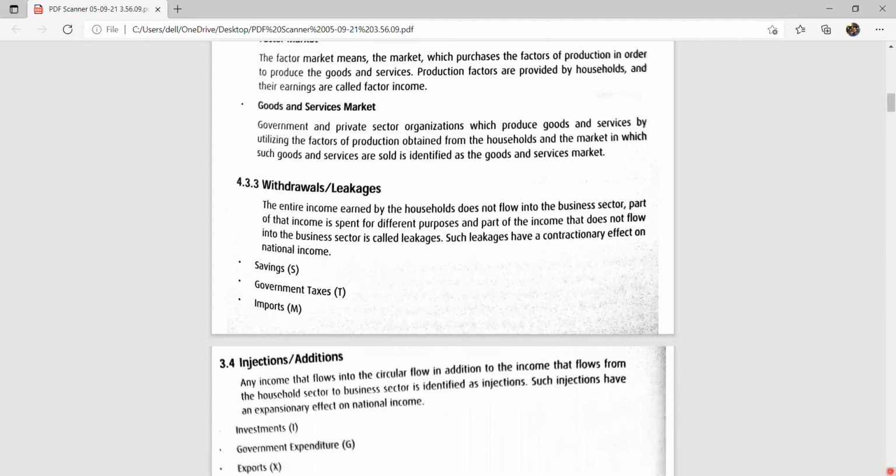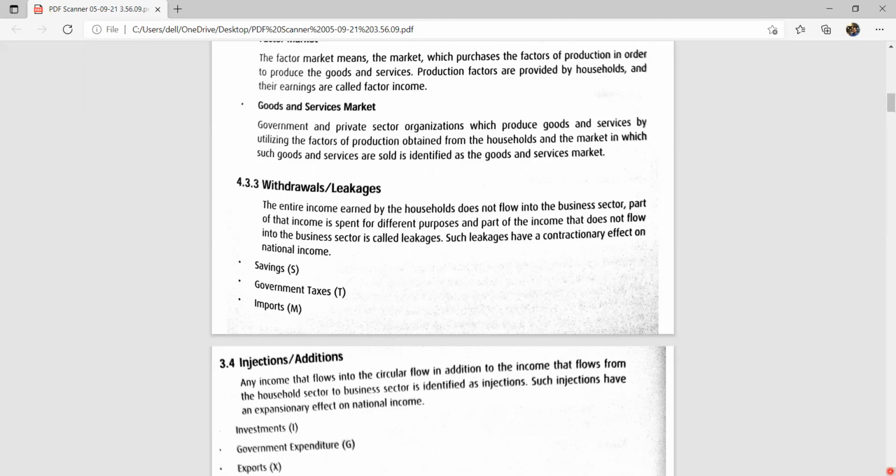Thereafter, a particular word is added, withdrawals, if not leakages, as well as injections, if not additions. For example, we earn money as household. If we earn money, we do not use the entire income for the purchasing of goods. We will definitely save a particular portion at a bank.